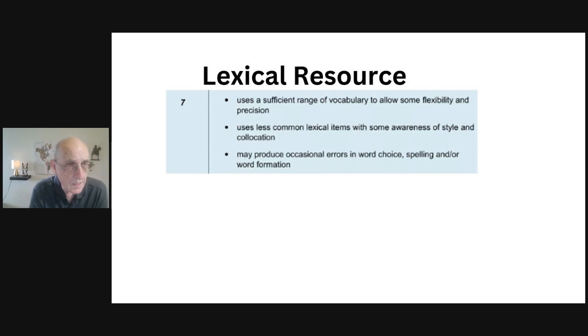So for a level 7, you don't have to write perfectly and have perfect vocabulary. It just has to show sufficient range to reach a level 7.